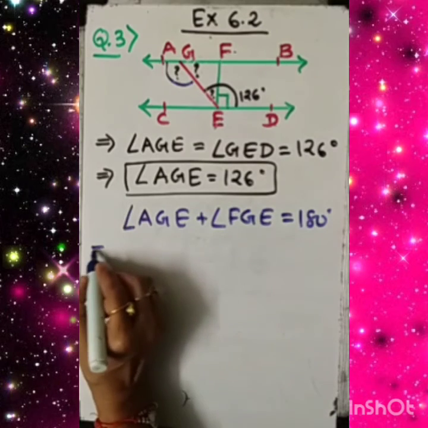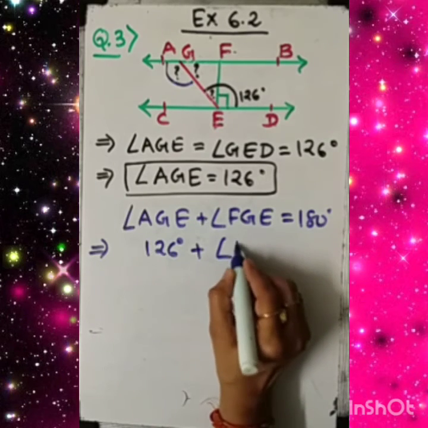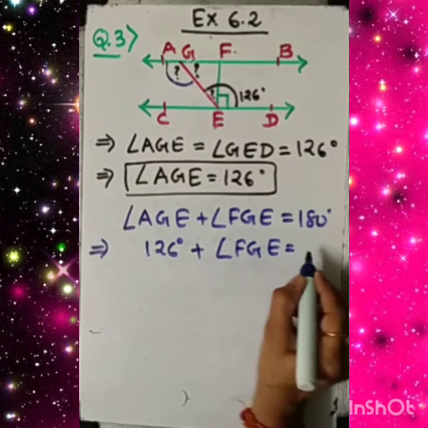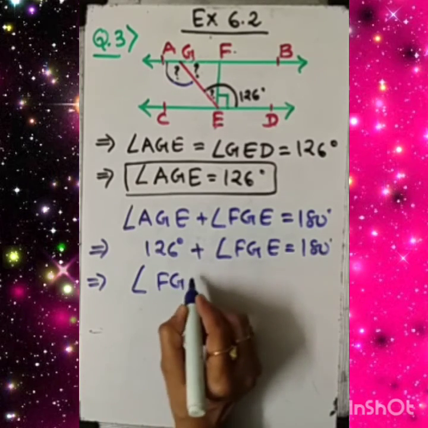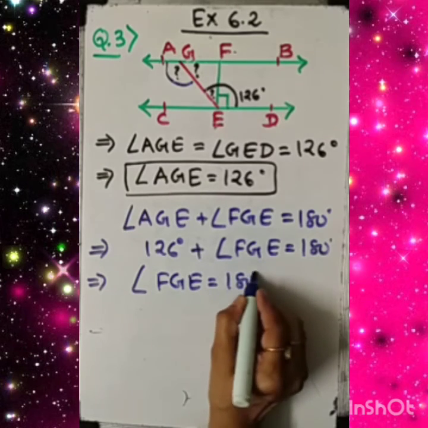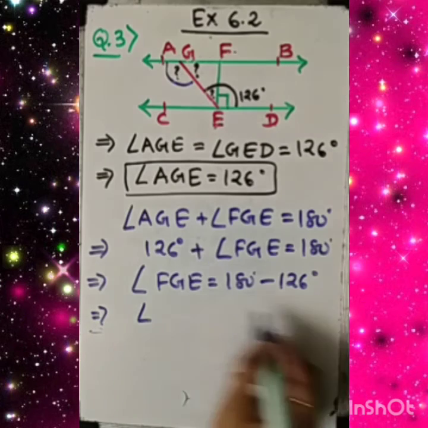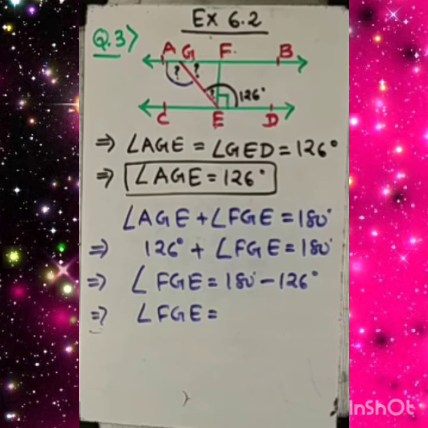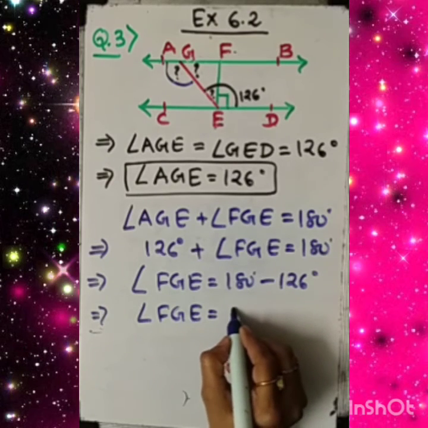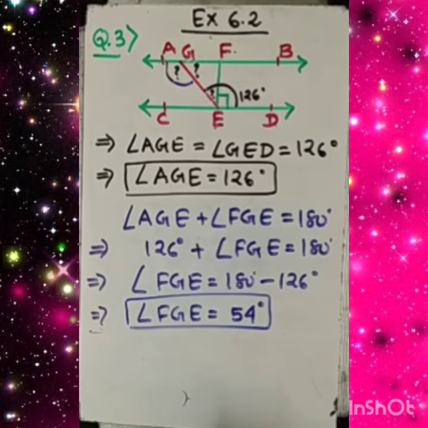Now, as we know one of the angles is 126 degrees, FGE will be 180 minus 126, which is 54. So the angle FGE will be 54 degrees.